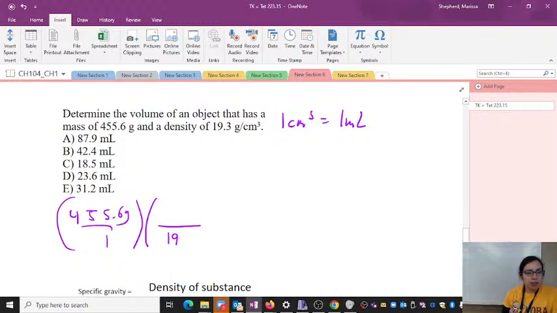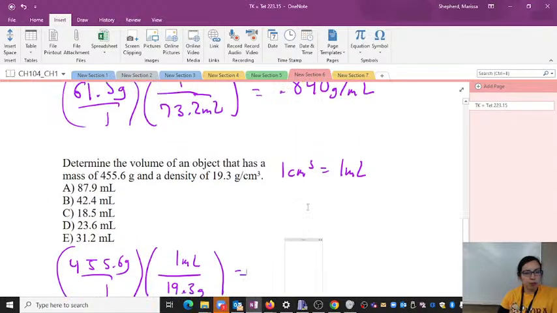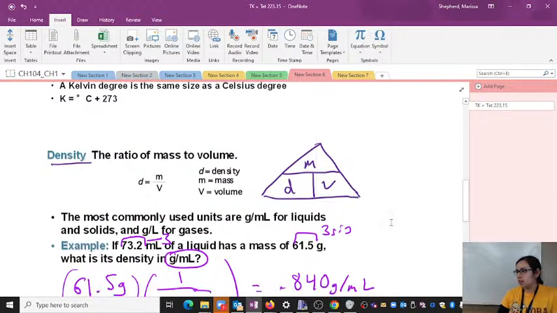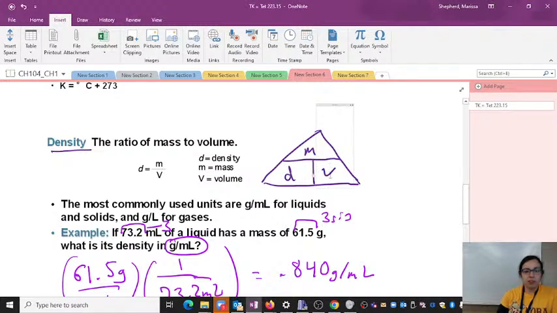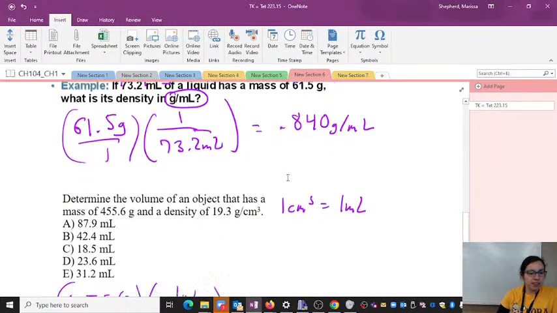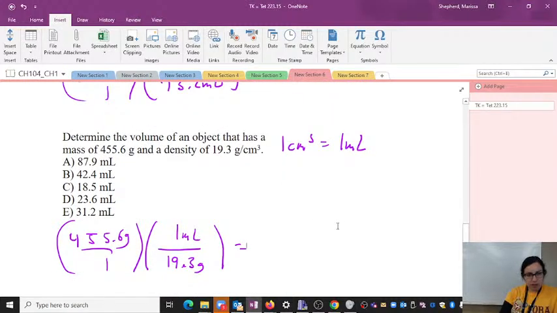You could divide by density, which gives you 19.3 grams on the bottom over 1 milliliter, or 1 centimeter cubed, on top. That's one way to approach it. Or you could have taken the triangle trick, covered your volume, and seen that you need to divide mass by density. Either way, what do you get for your answer?